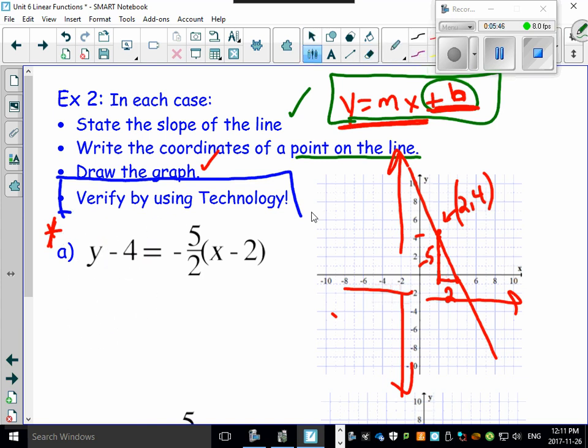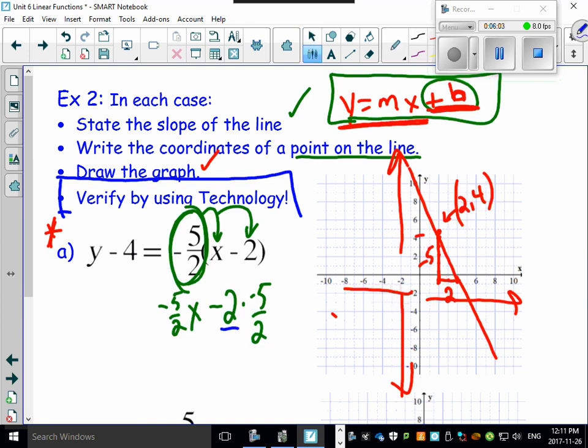Let's do some algebra. First things first, you know and I know we have to distribute this to here and to here, giving you minus 5 over 2 x minus 2 times minus 5 over 2. But look how pretty this is, because if you put it over 1, this becomes minus 2 times minus 5, which is positive 10, over 1 times 2, which is 2, which works out to be plain old 5.